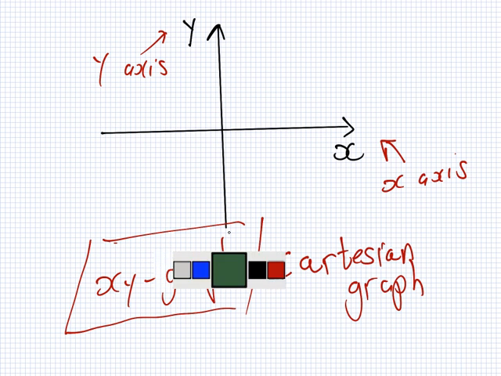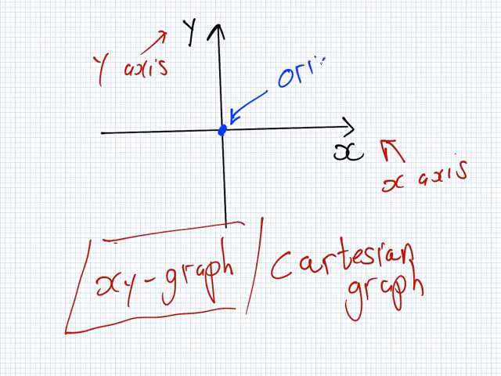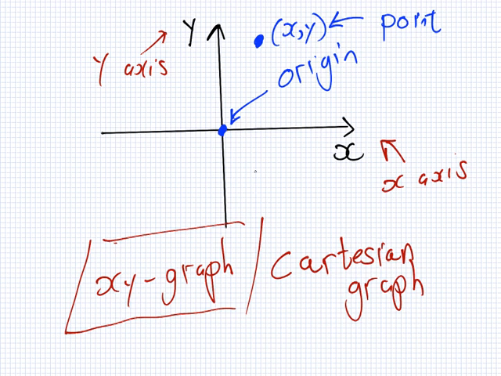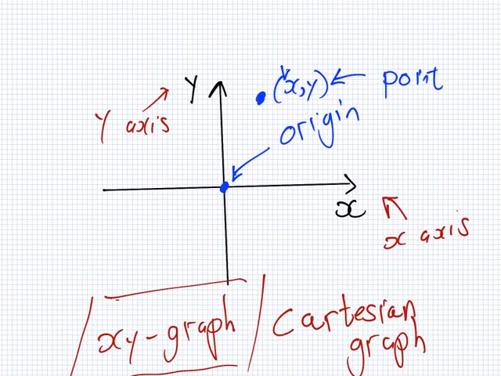Okay? A bit more vocabulary to get started. What's the name of this point here? Origin. Yeah, this is called the origin. And if I have something like an X and a Y here, what do I call this? A point. And in particular, the X has a name and the Y has a name.